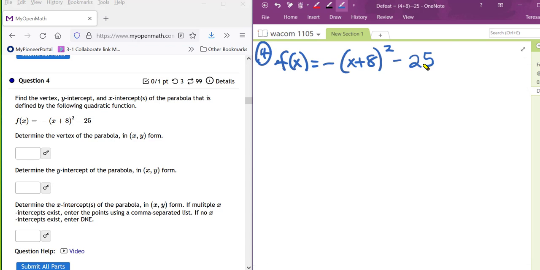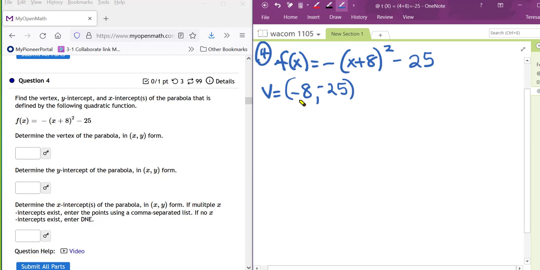Okay, that's what I mean by hard. All right, so we have a parabola here, something squared, and it's in standard form. You can pick off your vertex. Your vertex is (-8, -25). And that's our first question. And so we're good there.